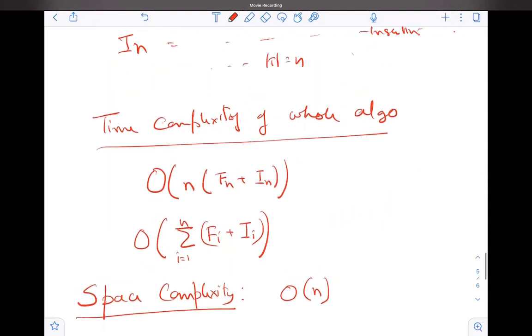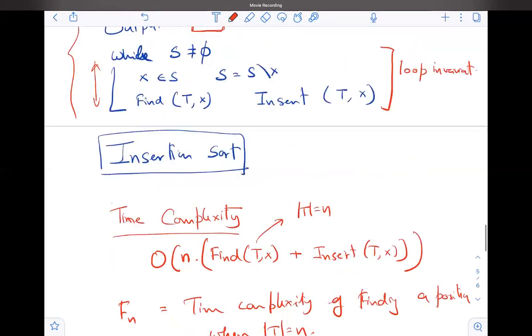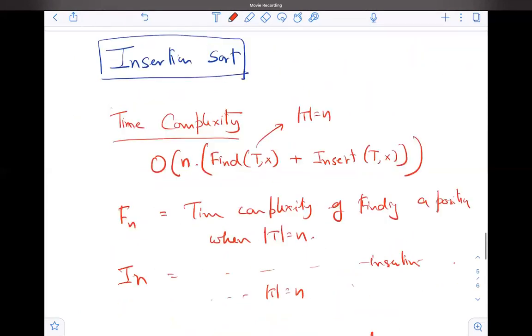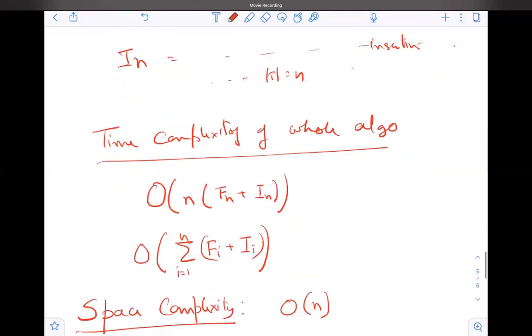Now somebody had already jumped up and said that insertion sort is order n squared. Why is it order n squared? Because if you use simple binary search in an array, then find is order log n, but insert is order n.